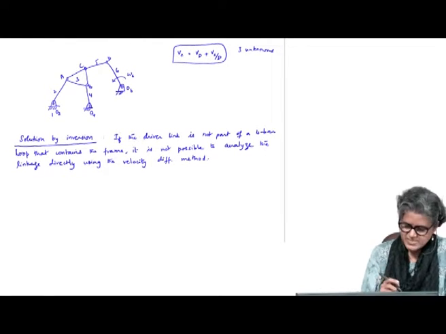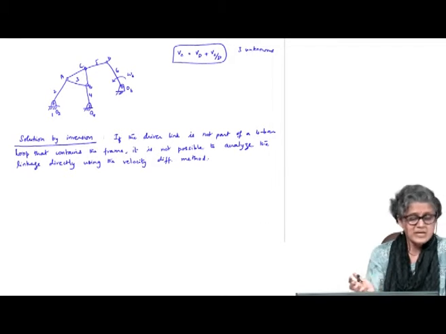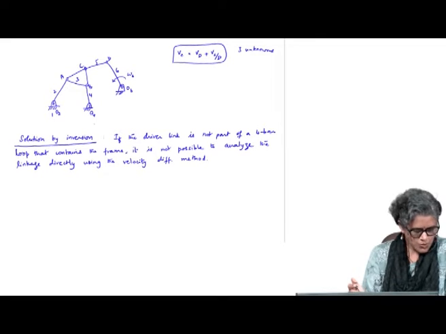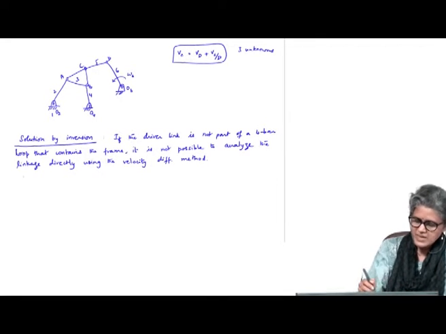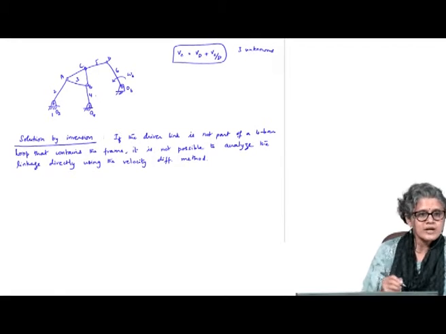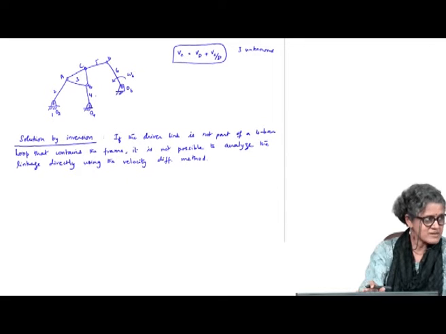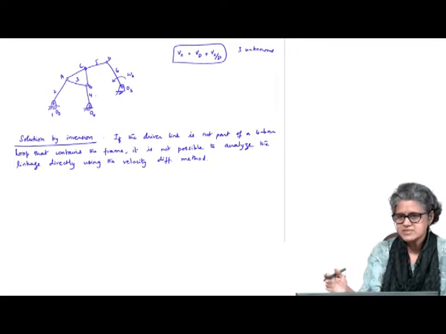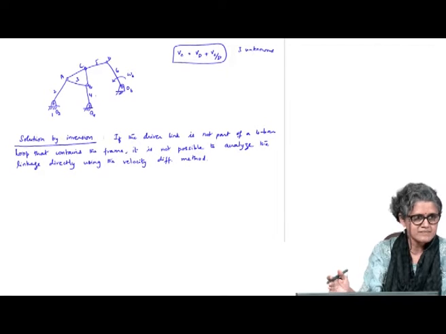In such cases, we can solve it using the previous techniques, but we make a change. In the same linkage, if I make O2A link 2 or link 4 the driving link, instead of link 6 being the driving link, I invert the linkage to make something else the driving link, okay.